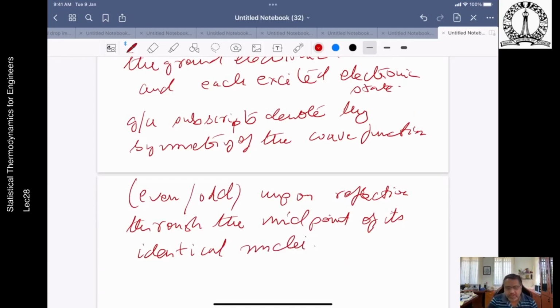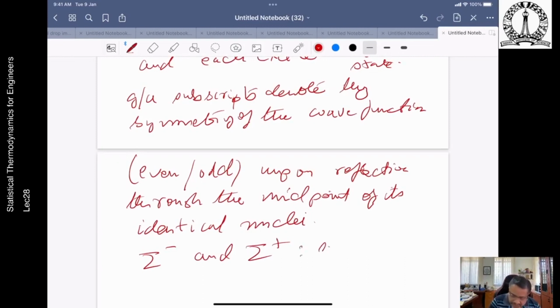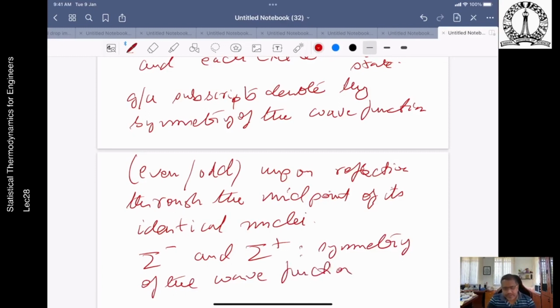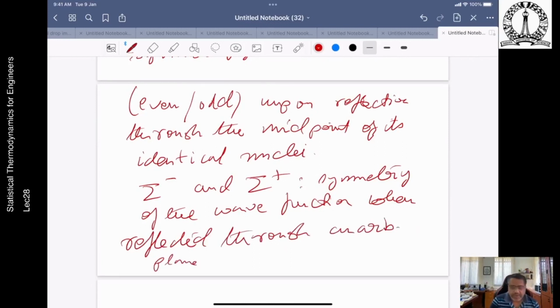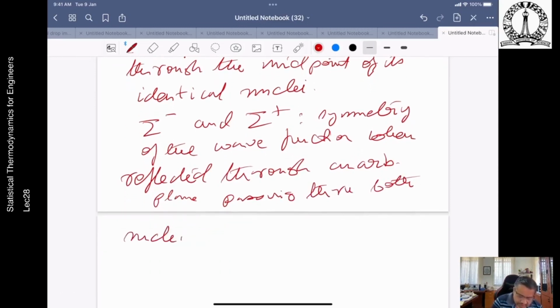Finally, the superscripts like minus and plus designate the symmetry of the wave function when reflected through an arbitrary plane passing through both nuclei of a diatomic molecule.